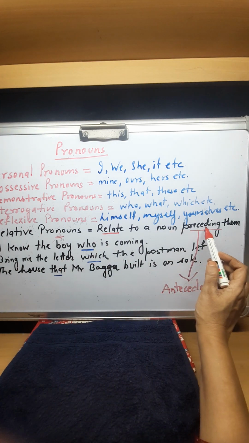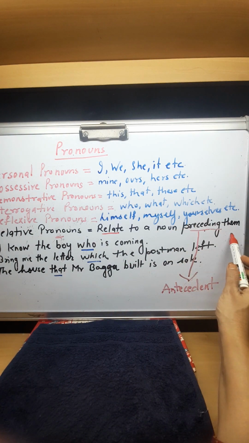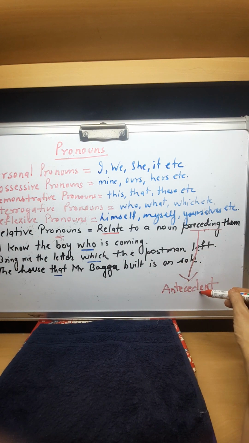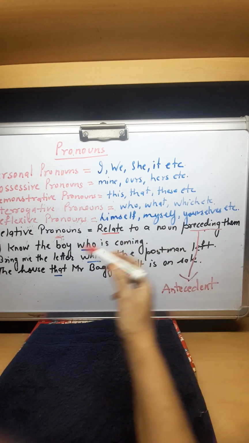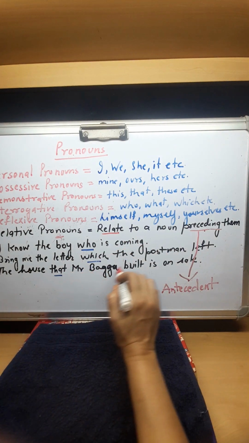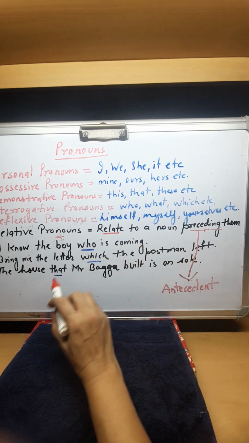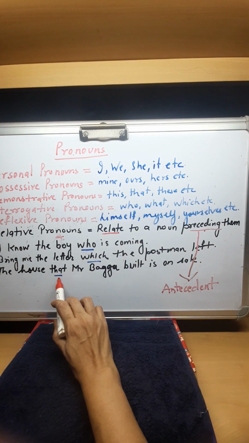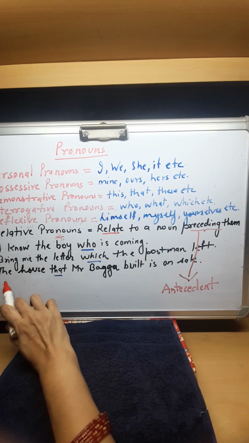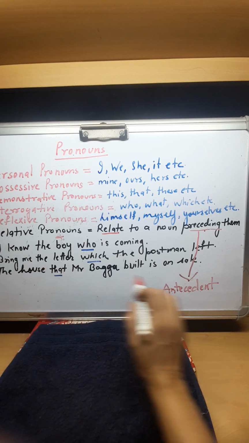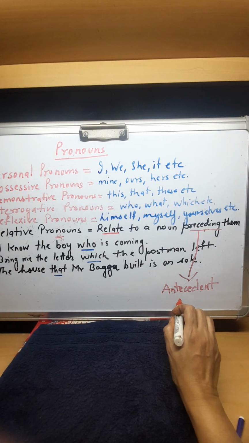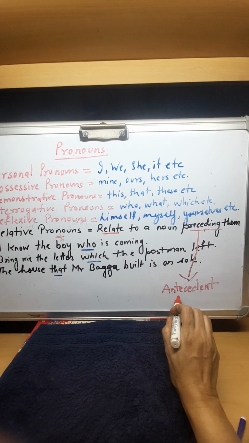So, instead of writing noun preceding them, we write one word, antecedent. So, in the house that Mr. Bagga built is on sale, that is the relative pronoun. And what is the house? House is the antecedent.